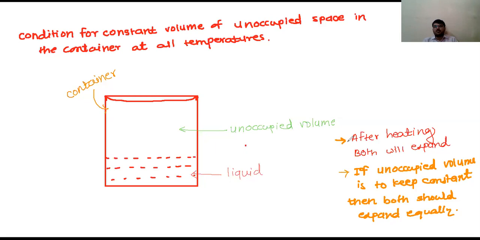Which volume? Unoccupied volume. Then what is the condition? In whatever proportion the liquid has expanded, in that proportion only that glass or container should also expand. That's why I have written, if unoccupied volume is to keep constant, then both should expand equally. Then how is it possible? Only one case is possible in this. So what is that? Let's see.